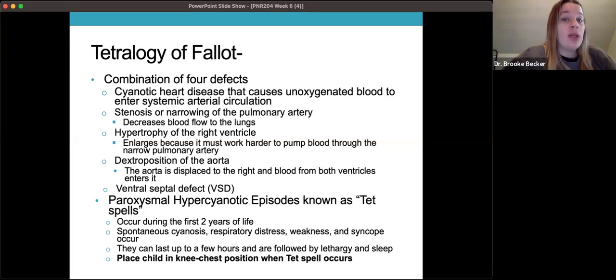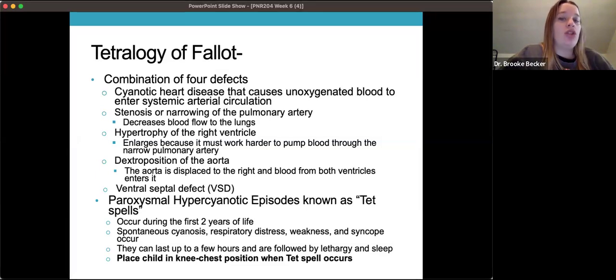So those TET spells she was talking about, that's when they get hypercyanotic, so their cyanosis gets worse. So they're running around, they're using a lot of their oxygen in their muscles. Typically happens before like ages 2 and less, okay? So they will have a spontaneous drop in their oxygen saturation.